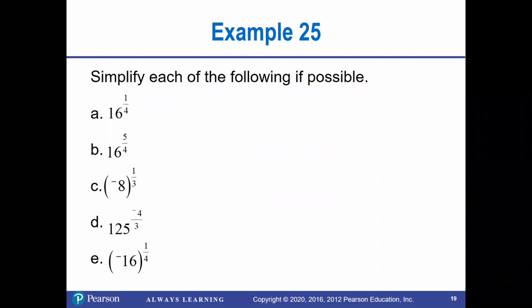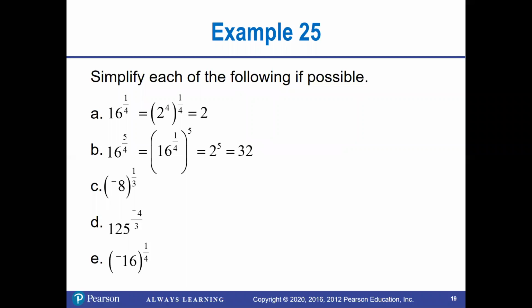And I left this here, so you can just see, we'll just go through these. If I want to simplify this, think of it this way. Change this to a power, so 2 to the 4th power to the 1/4 power, and when you multiply your exponents, you get 1, so it's just 2. Do the same thing, change the 16 to 2 to the 4th power.